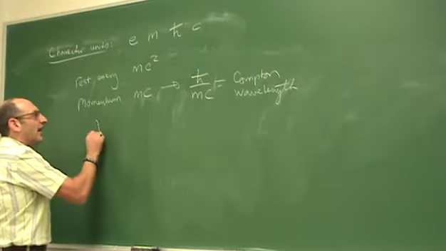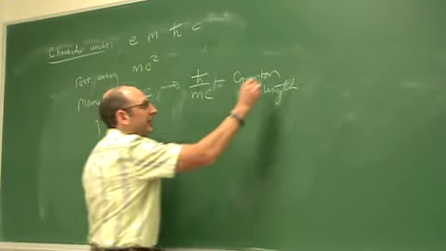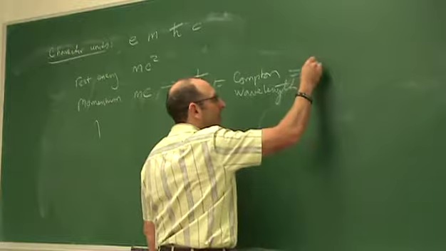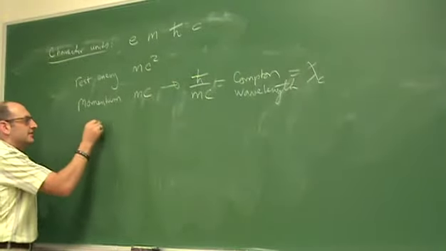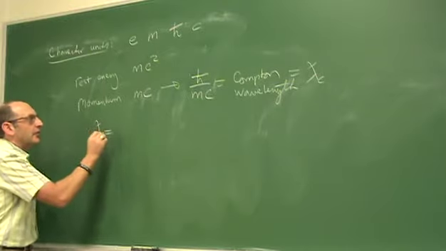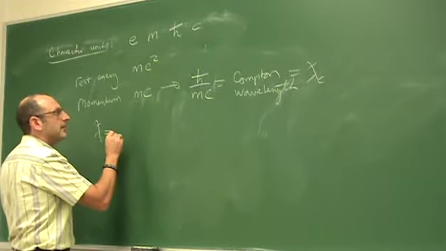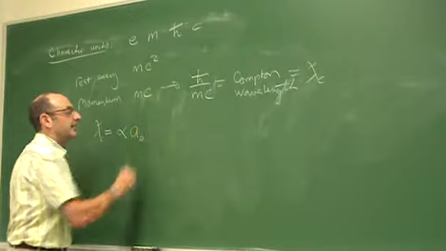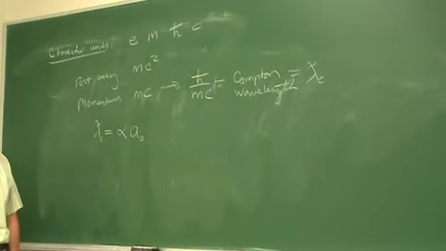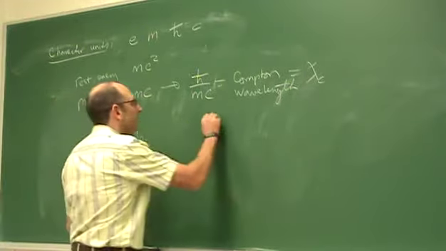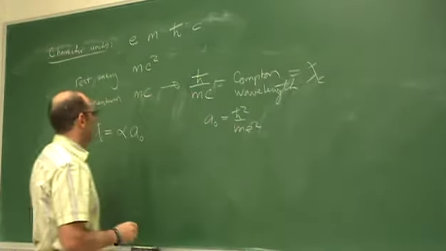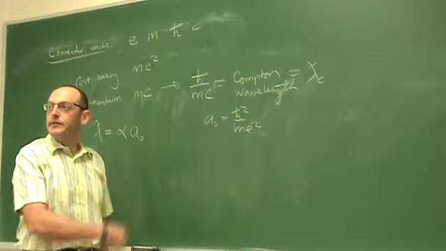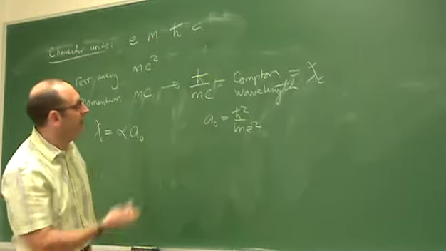For example, the Compton wavelength, this is really Compton wavelength divided by 2 pi, Compton wavelength bar, is equal to the fine structure constant times the Bohr radius, right? Because the Bohr radius was h bar squared over m e squared, right? So we multiply by e squared over h bar c, and get that.